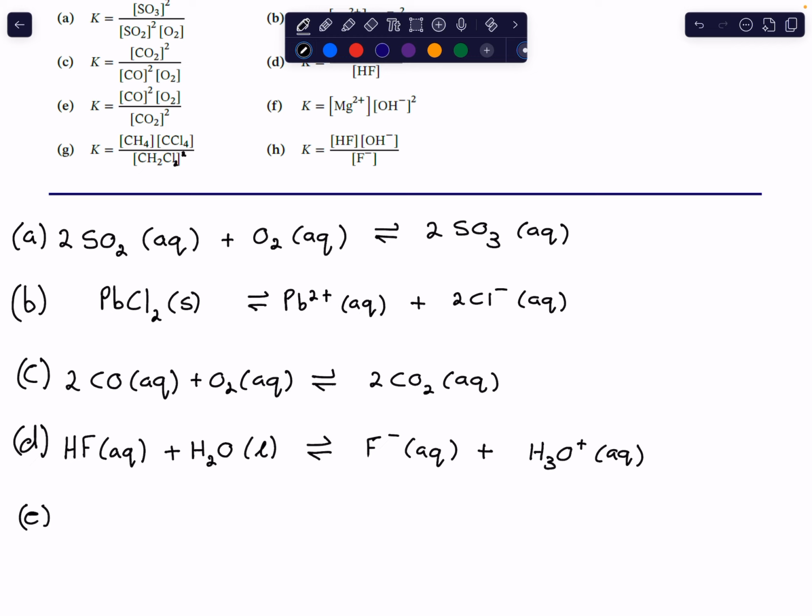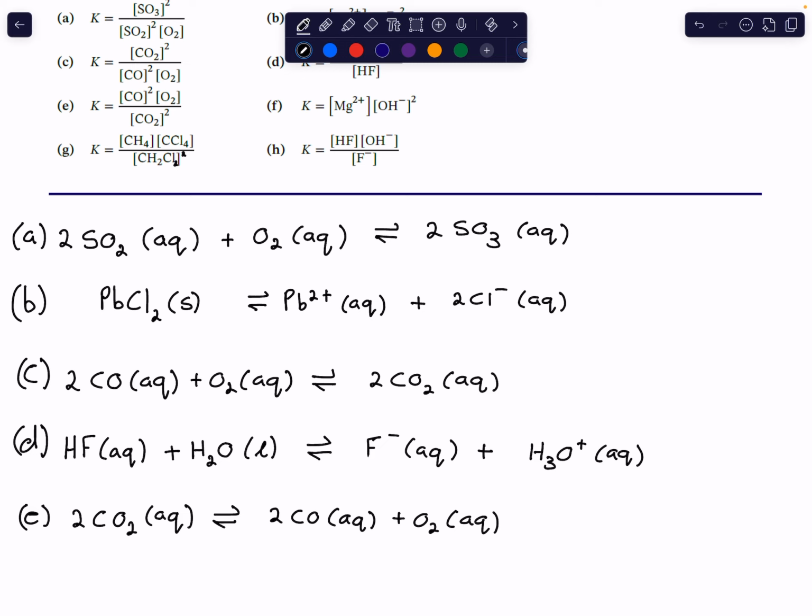Let's look at E. Okay, again here, starting with the reactants, CO2 aqueous in equilibrium with 2CO aqueous plus O2 aqueous.